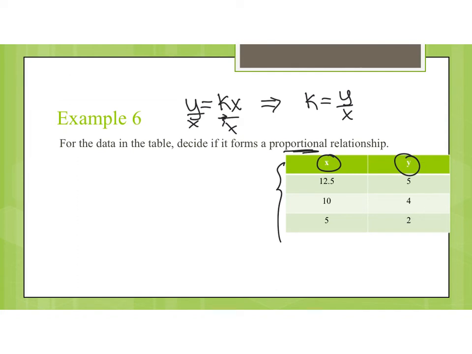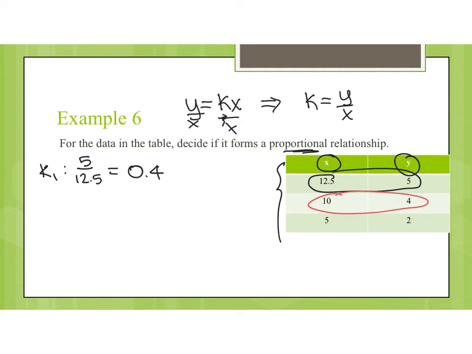So let's go ahead and look at the first set of data right here. So I'm going to call this K1 for the first set, and I end up with my y value, which is 5, divided by 12.5, or my x. If you plug that in on your calculator, you do end up with 0.4. Then I'm going to do the same thing with the second set of data.